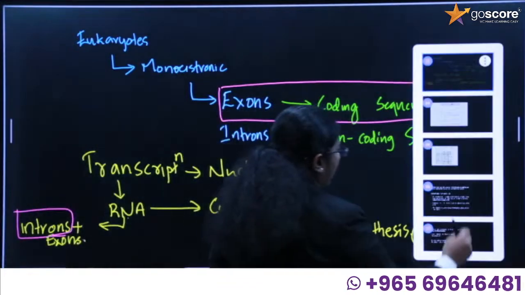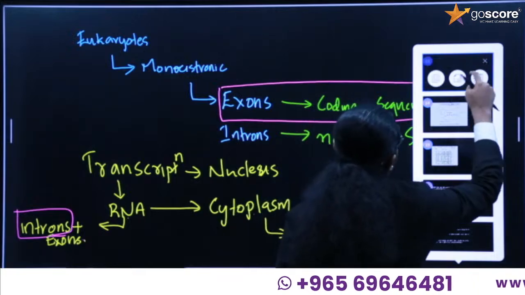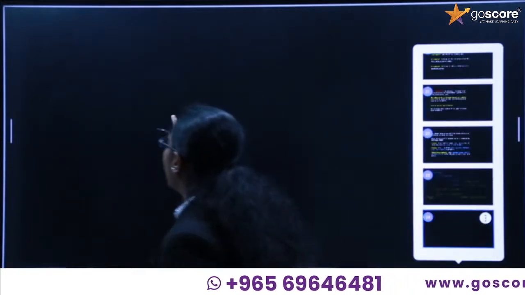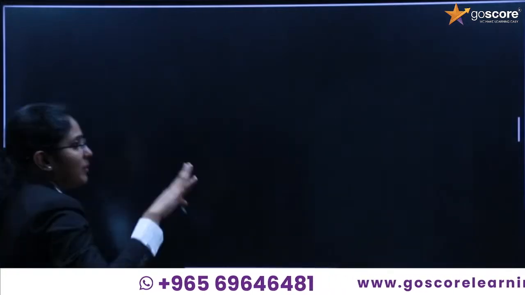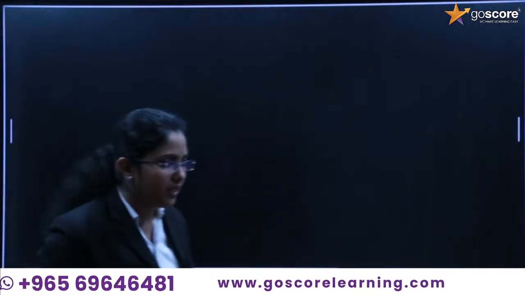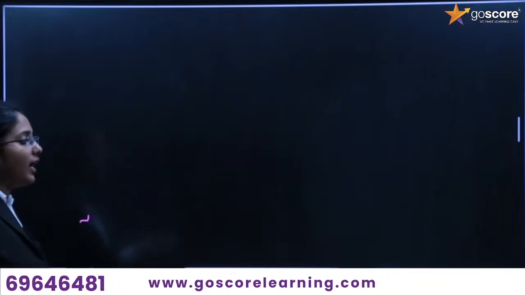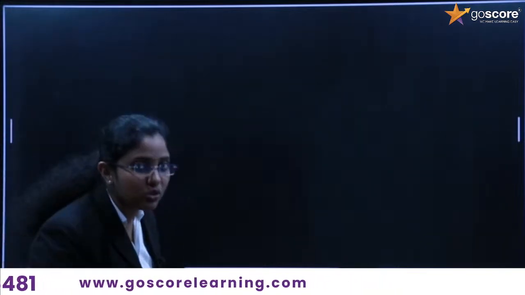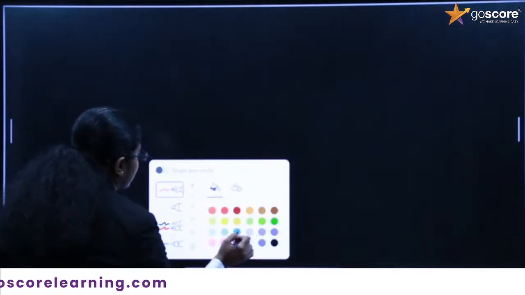So transcription in eukaryotes takes place in a similar method. That means initiation, elongation and termination take place. Along with that, three important steps also take place. What are those three steps?